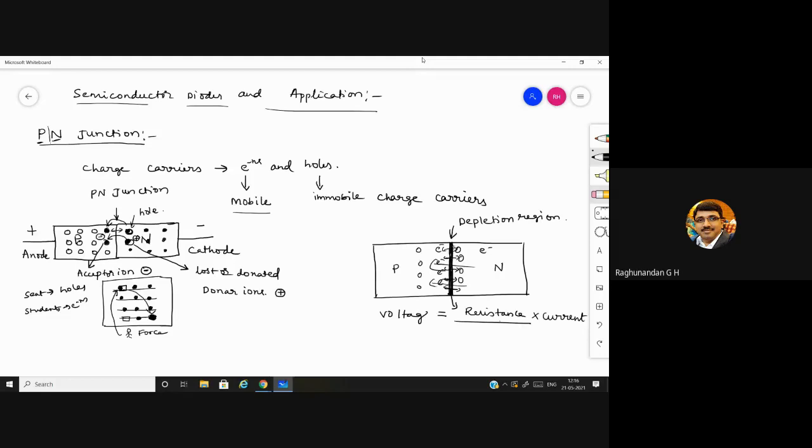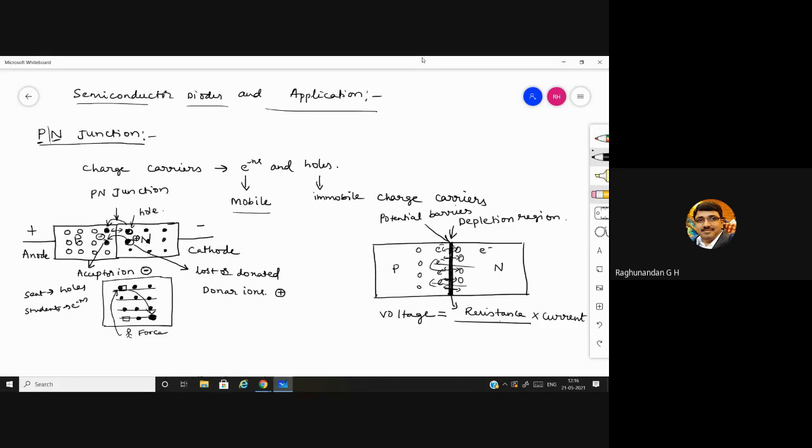Because of this voltage which is produced because of resistance and the current, we will have a potential barrier. We call it the potential barrier.